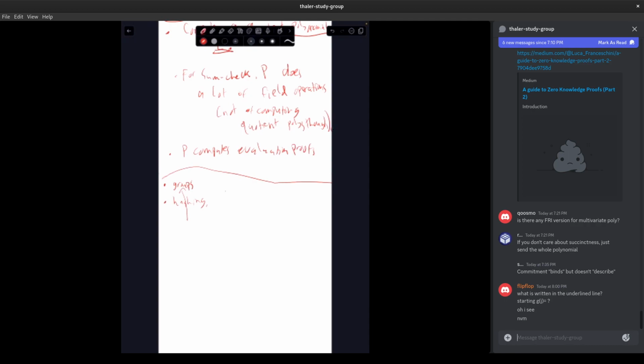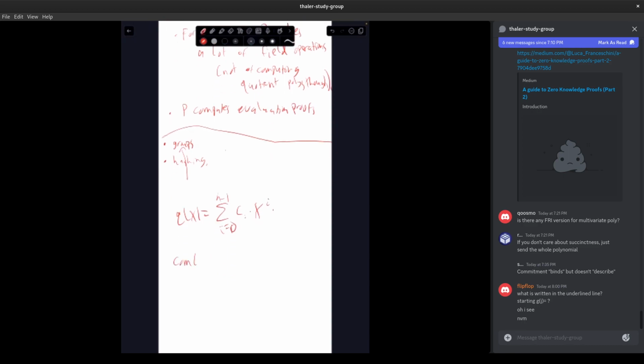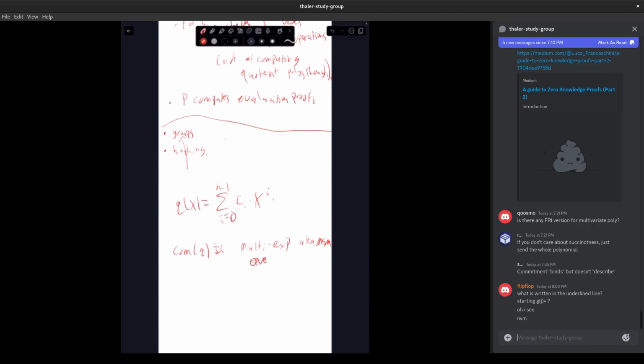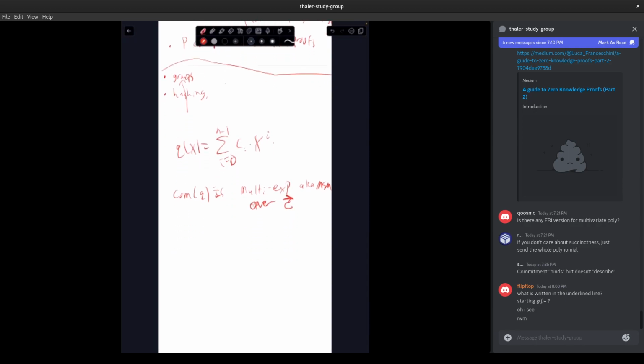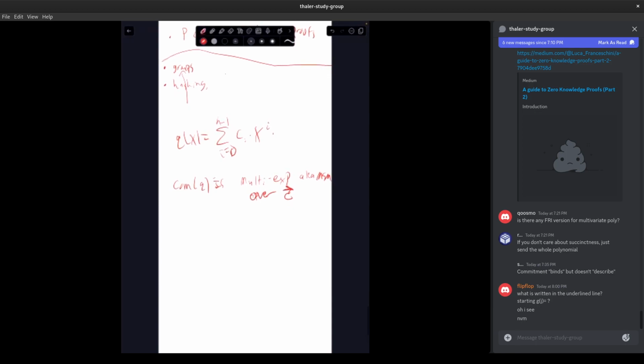For the groups, if you're committing to q of x equals the sum over i of c_i times x to the i, then the commitment to q typically turns out to be what's called a multi-exponentiation. People will also call this multi-scalar multiplication. I'll tell you what that is in a second. It's applied over the coefficient vector. Okay, so what does this mean? I can describe this one of two ways. Let me describe it this way.